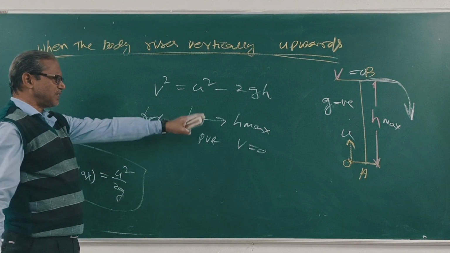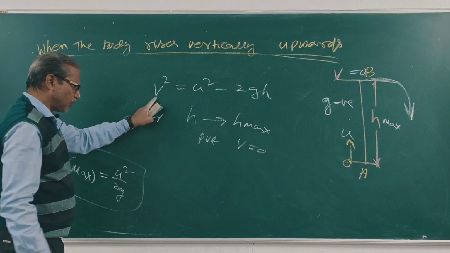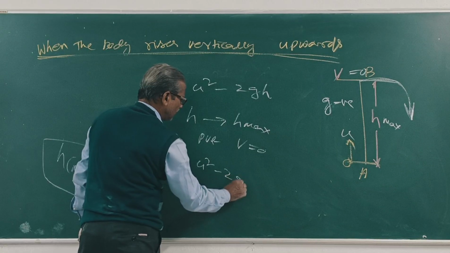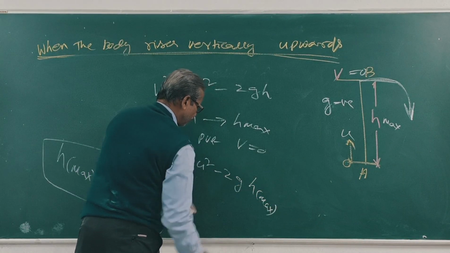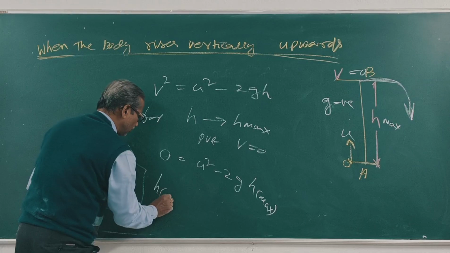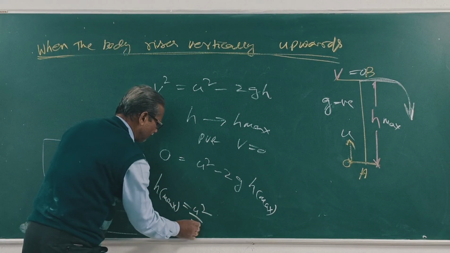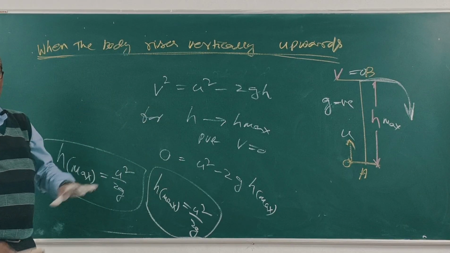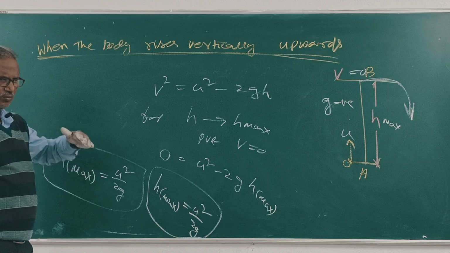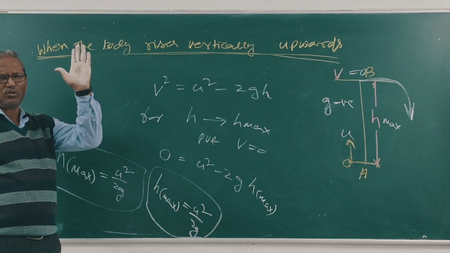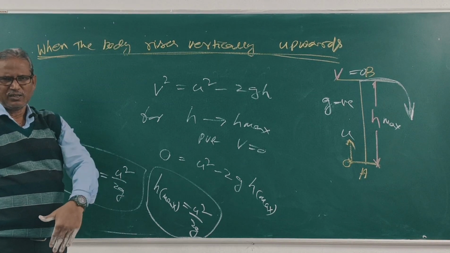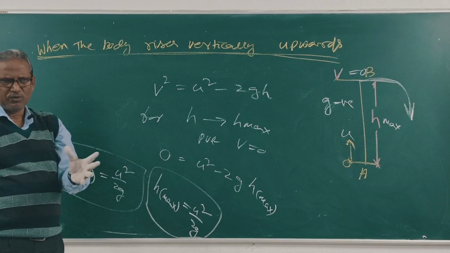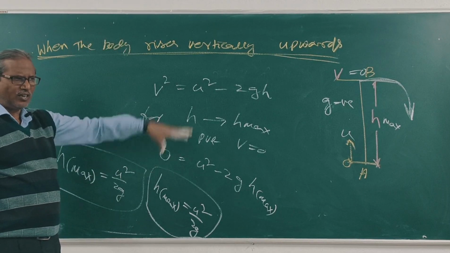So 0 is equal to u square minus 2g h max, so h max is equal to u square by 2g. These are the equations of motion for straight line motion, when the body rises vertically upwards, falls vertically downwards, starts from rest, and comes to a stop when it reaches maximum height. These are all the details I have given you.